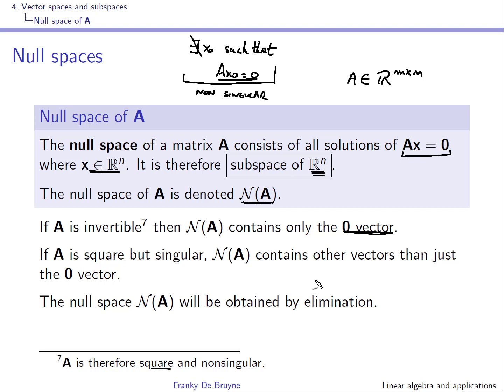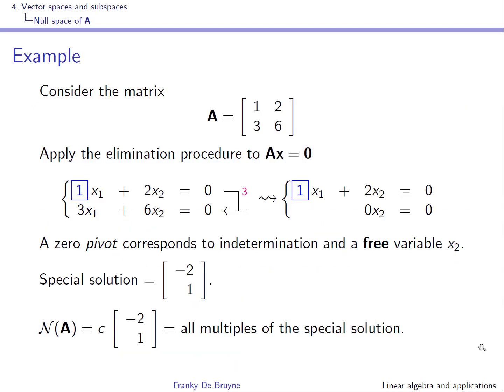And in this course we do a lot using elimination, and again here we'll obtain the null space of A using elimination. Well, let us look at a small example and compute the null space of this matrix. We see obviously that it's singular, so there will be other vectors than just the origin in the null space.